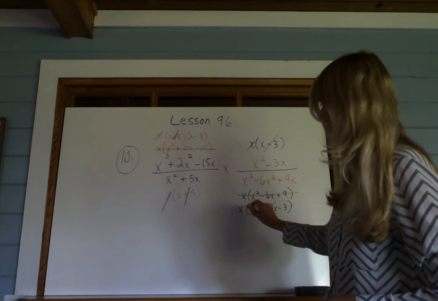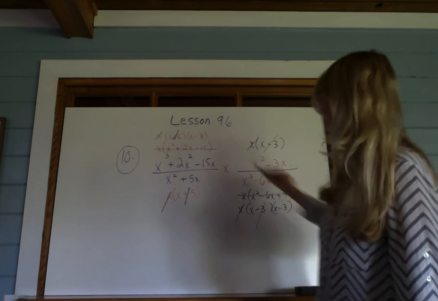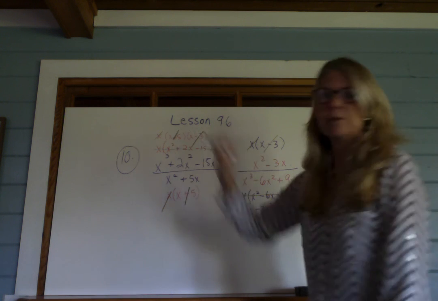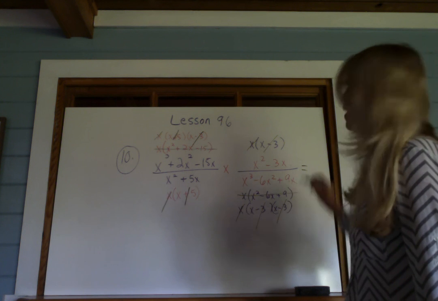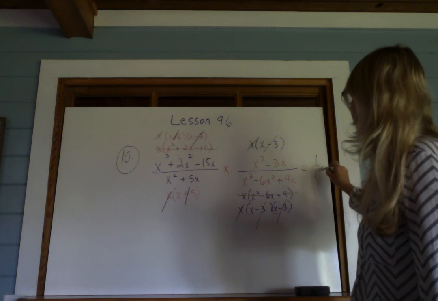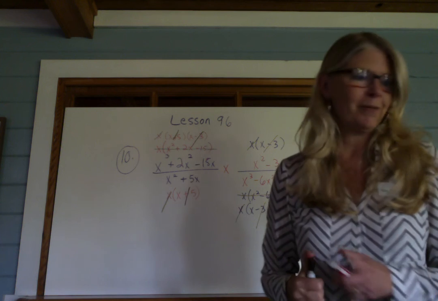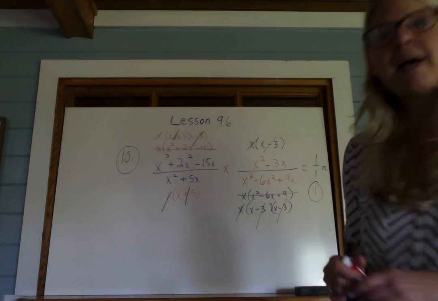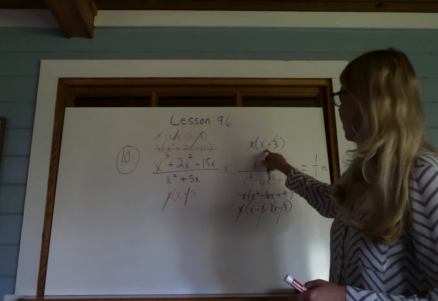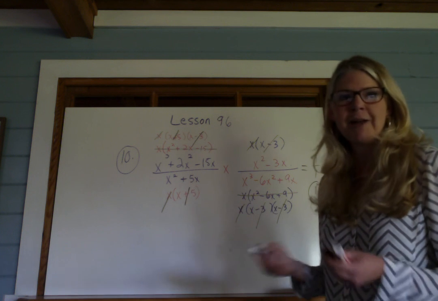I can cancel an x. And can I cancel x minus 3 over here? Absolutely. It's diagonal, just like when you do fractions. So it looks like everything canceled. So that's 1 over 1, or you could say 1. Everything canceled. Boy, that was a great cleanup one. Not all the time will they end up so beautifully like that. Sometimes you'll have maybe an x minus 3 over an x plus 5. That's perfectly fine.